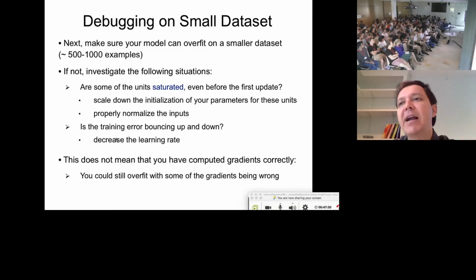Fortunately, there are now software packages like TensorFlow and PyTorch that compute the gradients correctly for you, but at the same time make sure that you check your gradients. You can overfit on a smaller data set and your training error can go down, but that doesn't mean that all your gradients are correct. That's one of the things to watch out for.